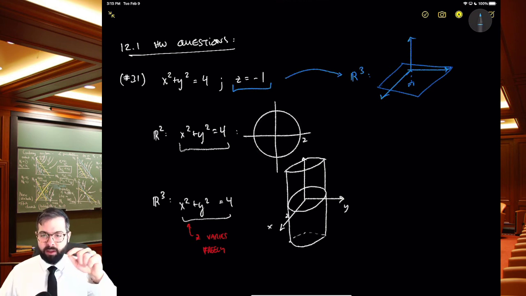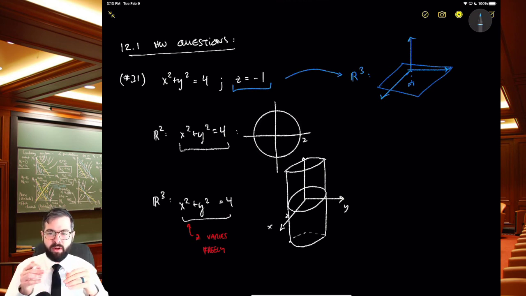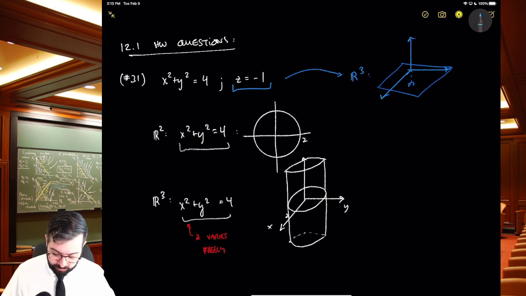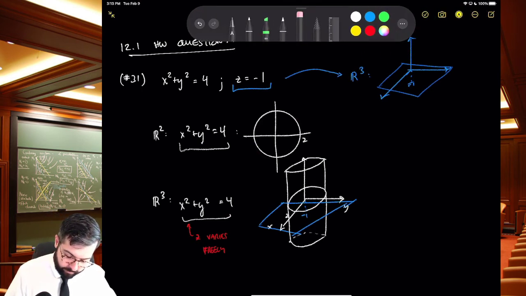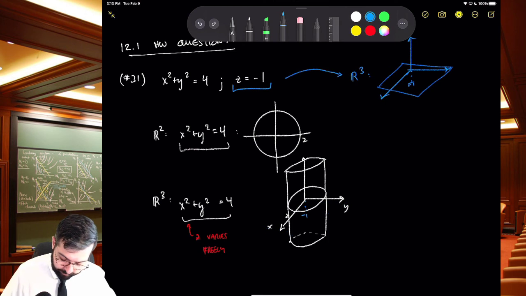And we're saying that the points we are considering right now are the points that live on this plane and on this cylinder. So if I add this plane here at -1, this basement floor, where these are both true is going to be where? Let me draw a better plane here.